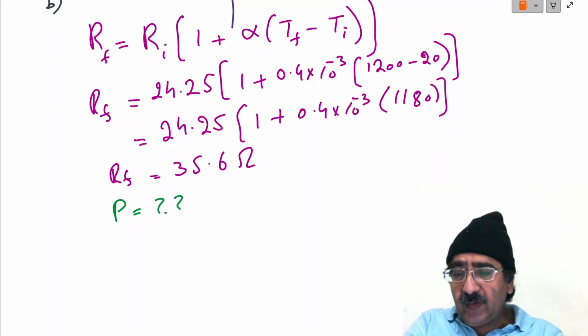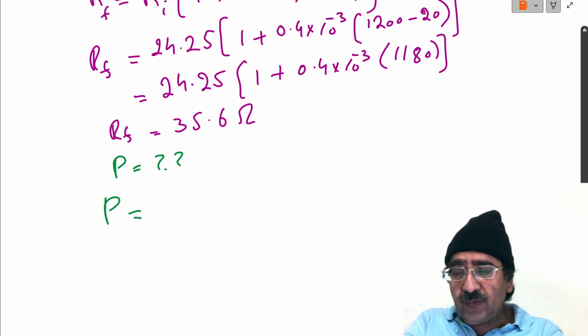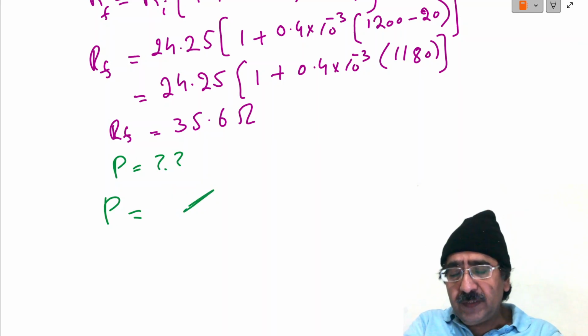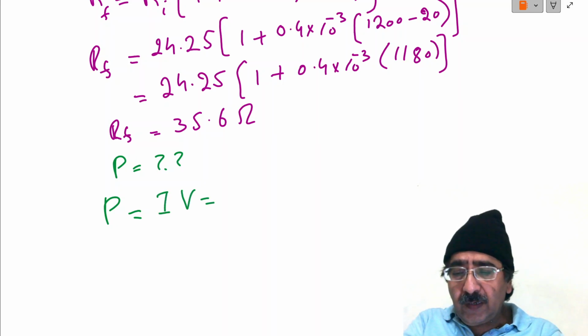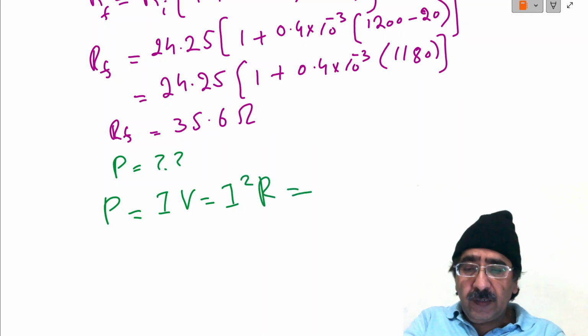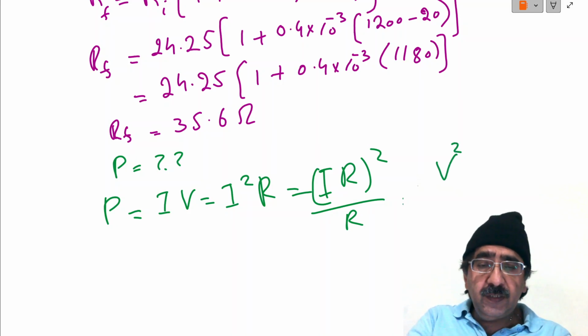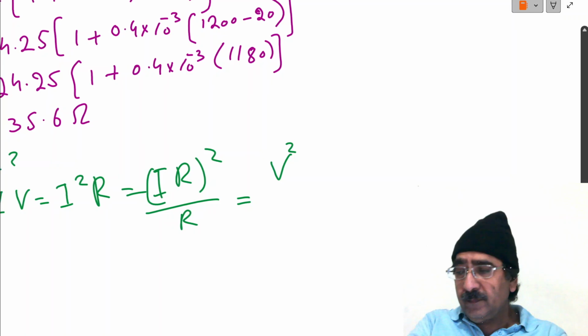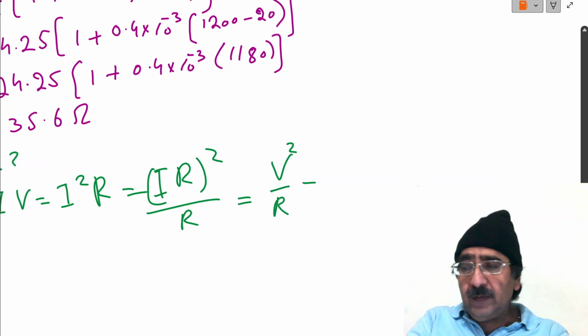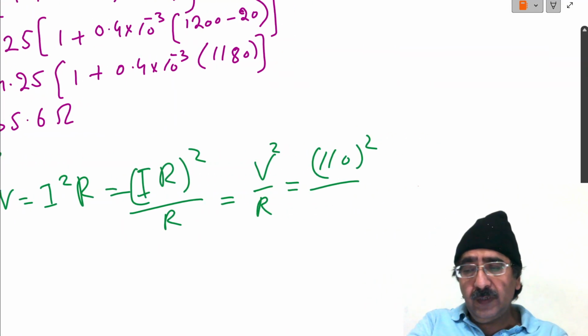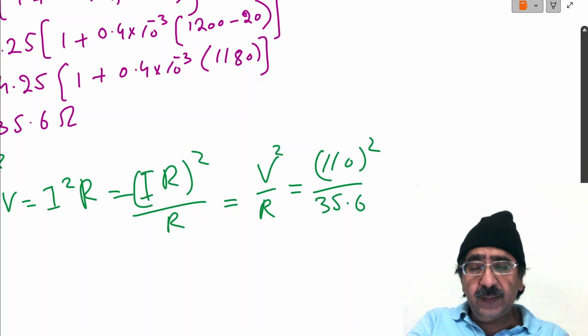As we know that P is I V or I square R, or you may say V square over R. V is 110 squared, and R is 35.6.